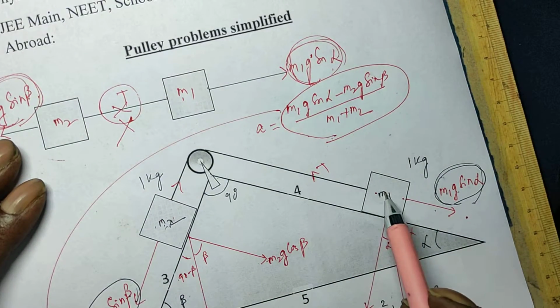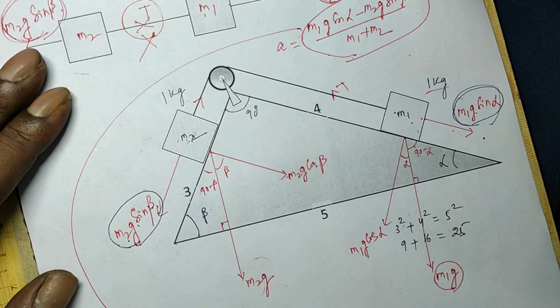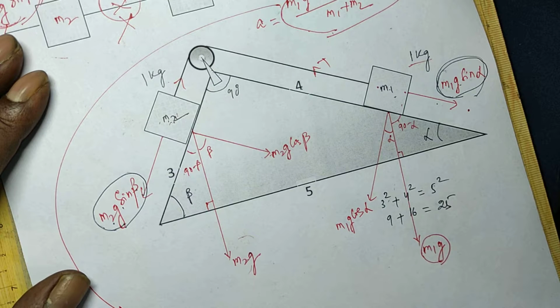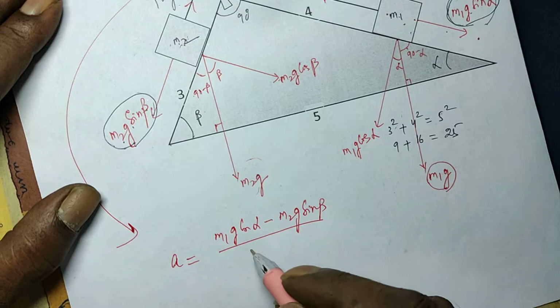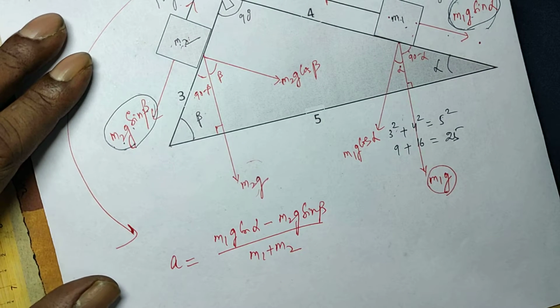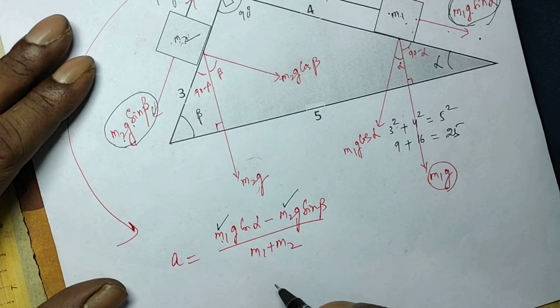Since M1 and M2 are given as 1 kg each, the acceleration comes out to be, let me write it again here, M1 g sin alpha minus M2 g sin beta, net force over total mass, M1 plus M2. And M1 is given as 1 kg, M2 is given as 1 kg.